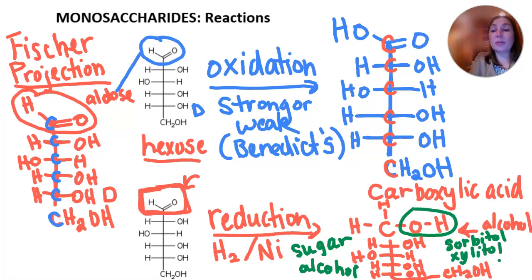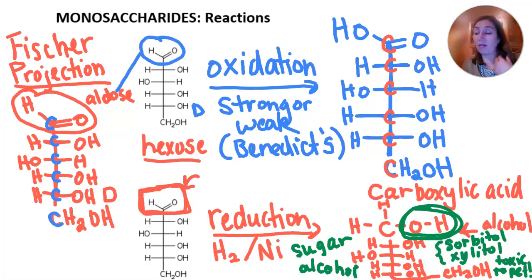By the way, these are typically toxic to pets, so you don't want your pets exposed to these. But you've taken your sugar, like your aldose, and you've reduced it to an alcohol. And it's where we get some of these sugar alcohols, like sorbitol and xylitol, from.